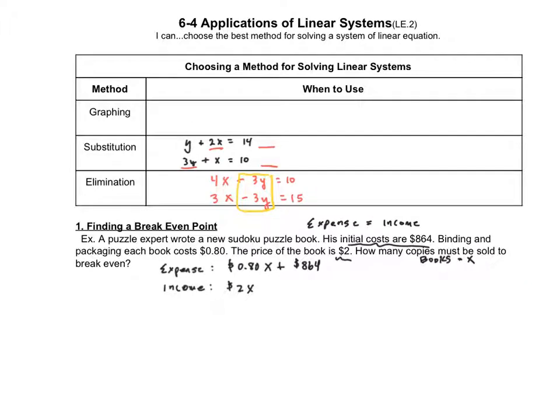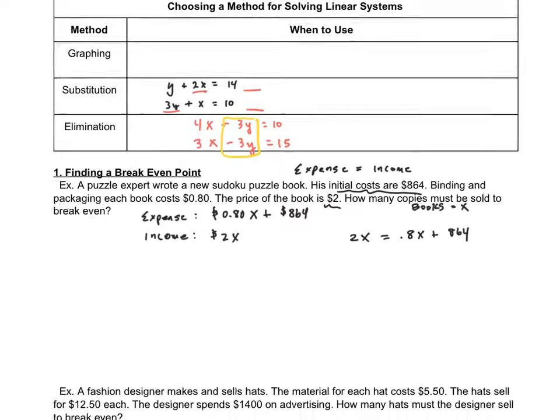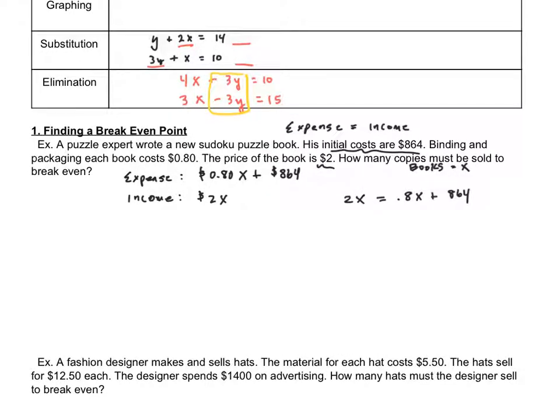We've created two equations, and in order to find the break-even point, as I said before, we need to make the expenses equal to the income. So that would become 2x equals 0.8x plus 864. What we have there is an equation which we can isolate and solve for x.